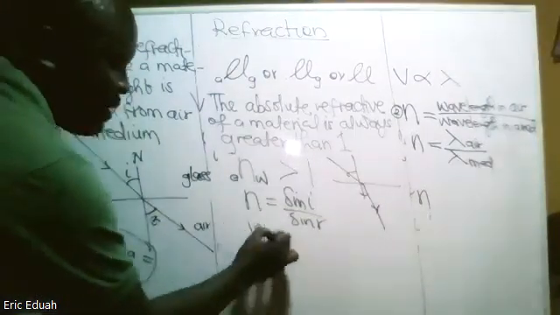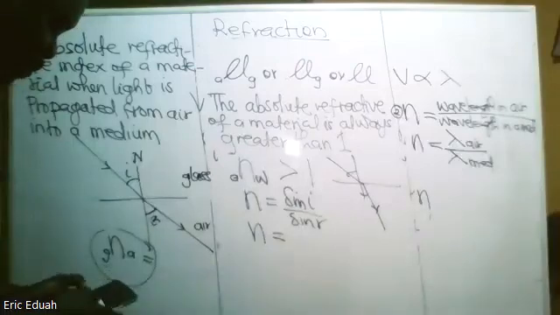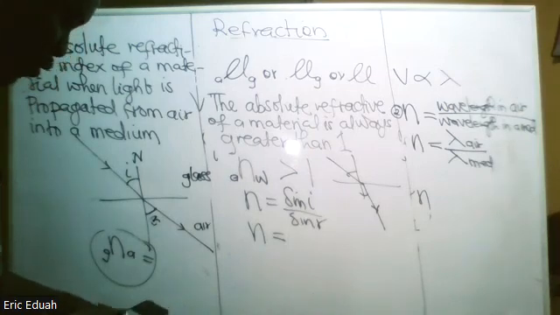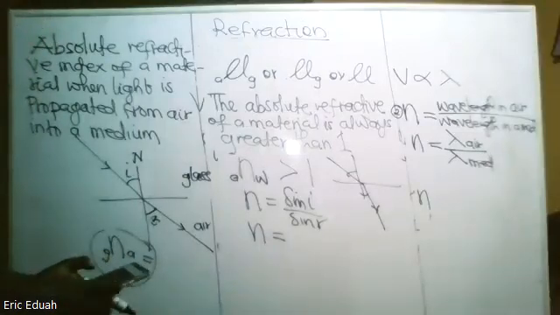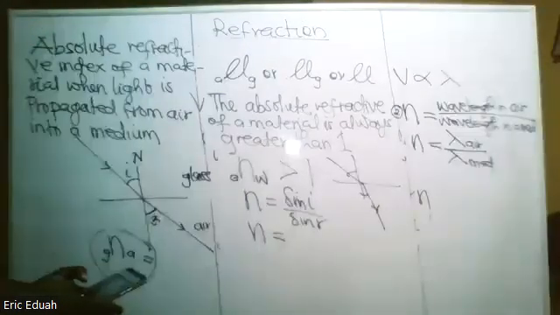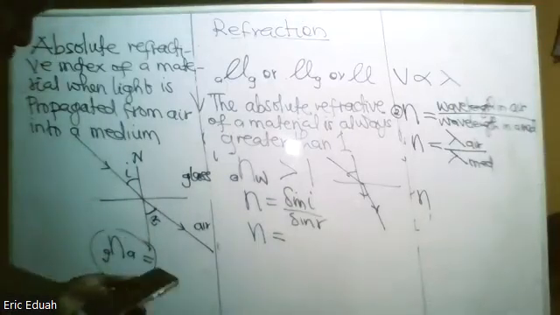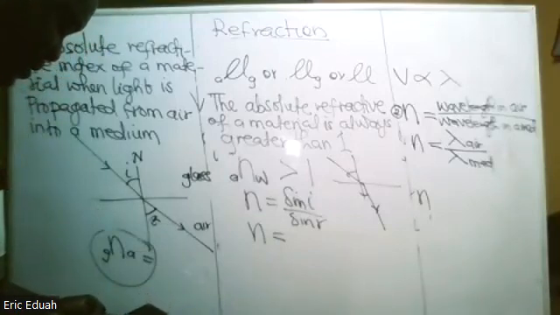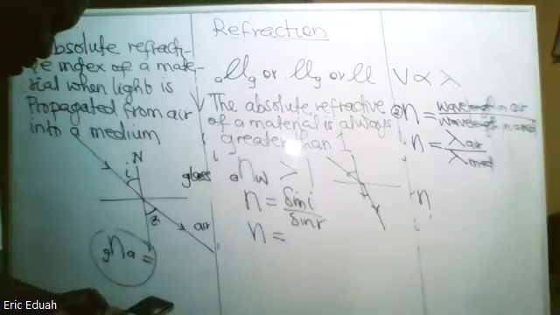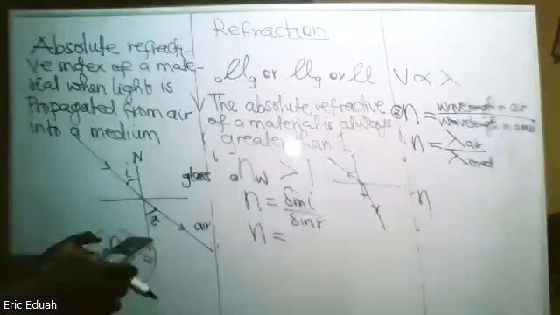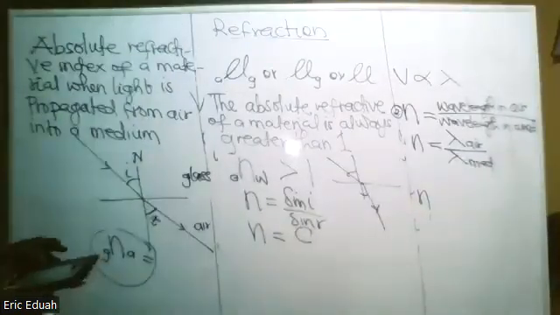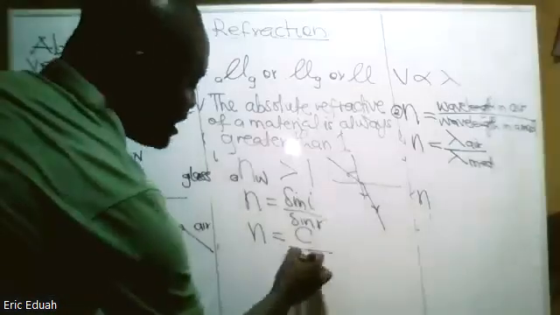If it's about speed, then the refractive index will be the speed of light in air or vacuum over the speed of light in a medium. And here, the speed of light in air, c, is always greater than the speed of light in a medium.